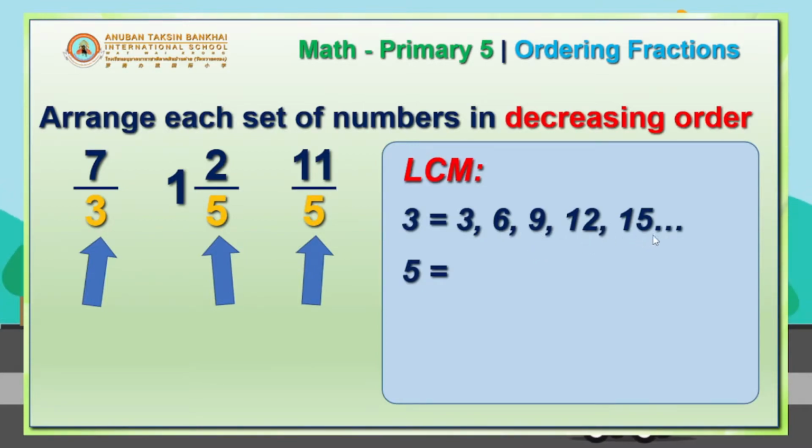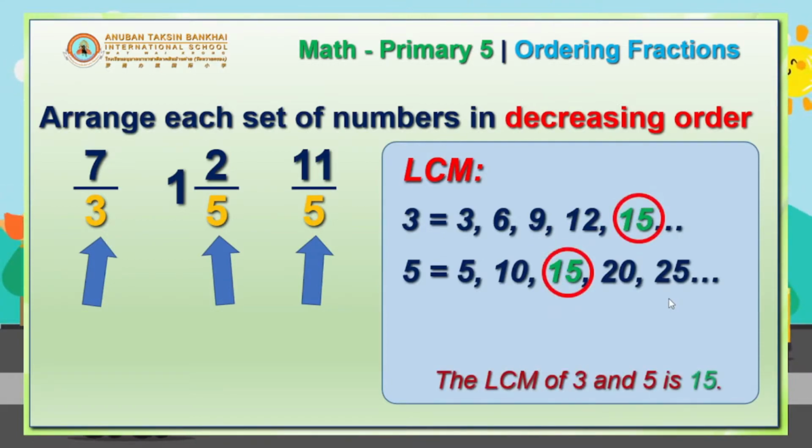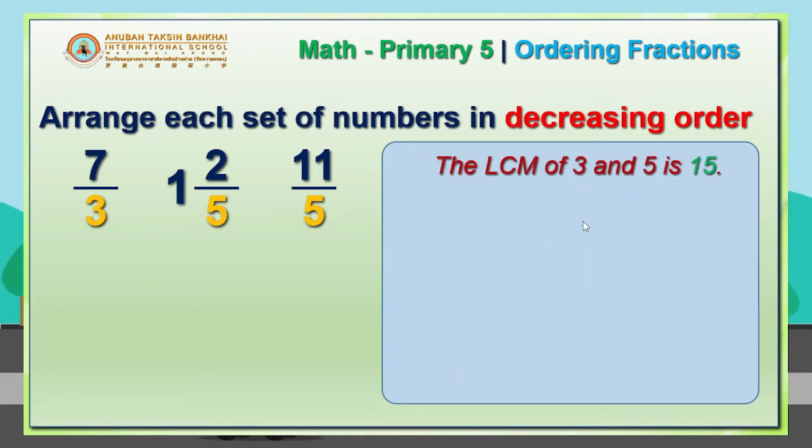And the first 5 multiples of 5 are 5, 10, 15, 20, and 25. So you could see here that 15 is our least common multiple for 3 and 5. Therefore, we need to change the denominators to 15.